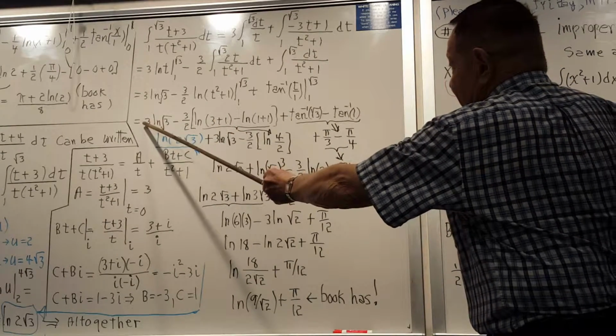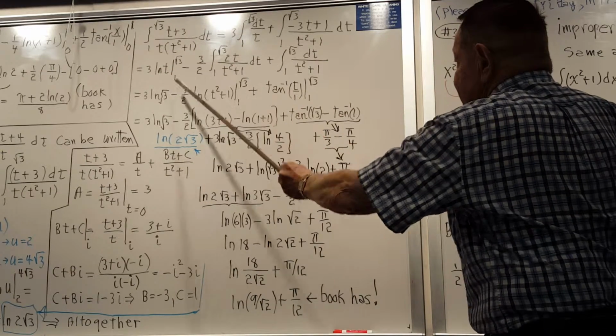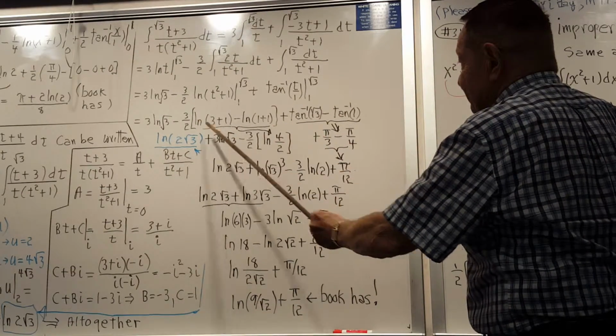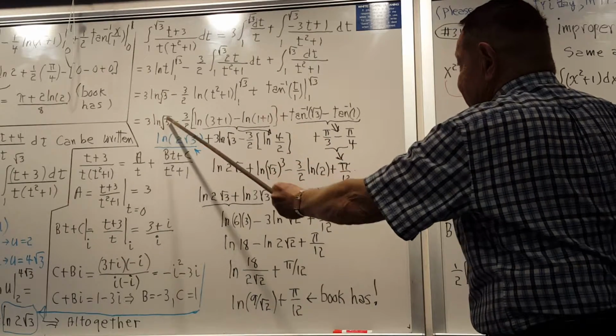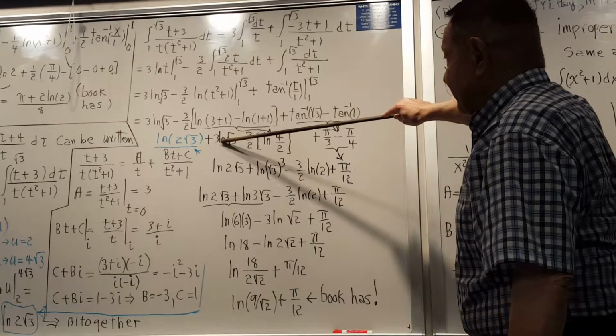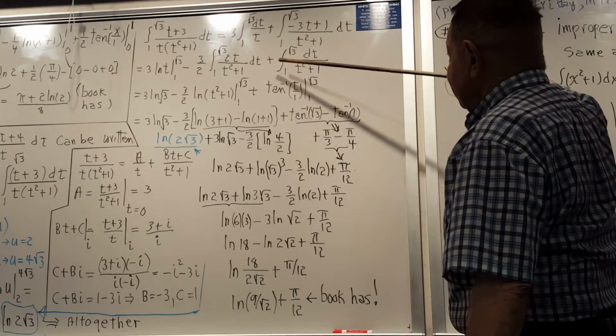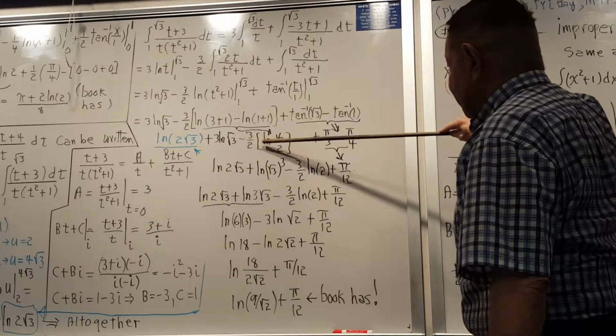And then we have the 3 log root 3 from this first integral, which is there. So this integral is there, and is finally here. And then this one is this part, and that's finally here.